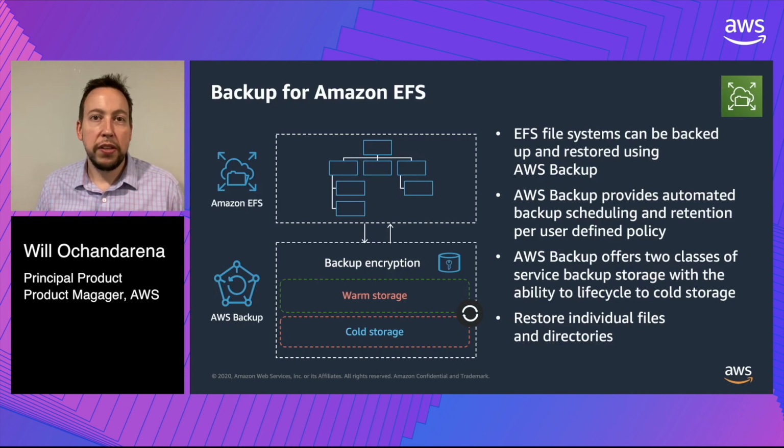You can say a policy such as back up your file system every day, keep those backups for a week, back up your file system each week and keep it for a month. And AWS Backup will manage everything for you. And if the time comes where you have to restore any of your data, you can either restore the entire file system or a single file, a single directory. It's up to you.